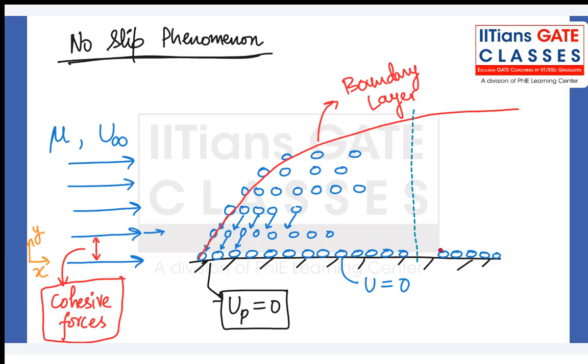Near the plate, the velocity is 0, correct? A little bit further from the plate, we have some velocity. A little bit further, we have more velocity, then velocity is increasing, right? Because the influence of the plate is weakening as we move farther away from the plate, correct? So this is how the velocity will be shown. This is called your velocity profile.